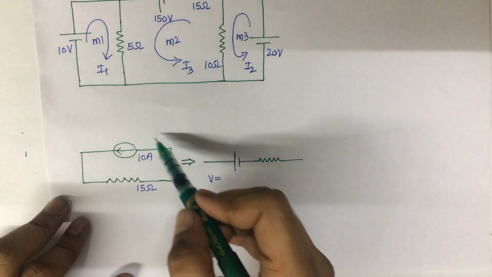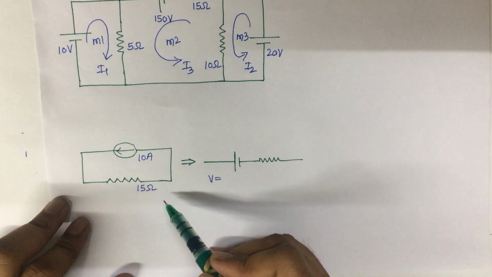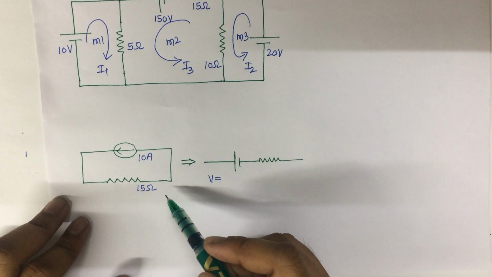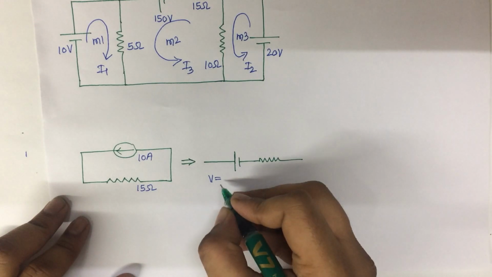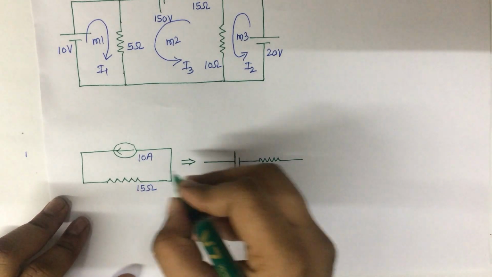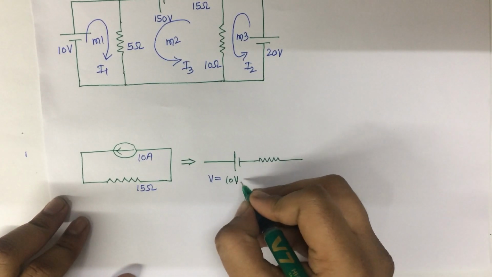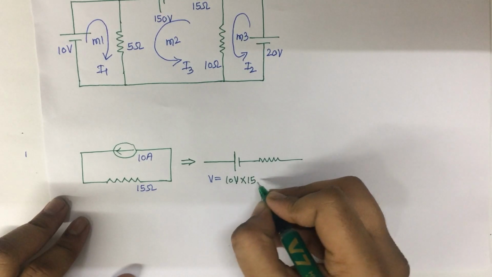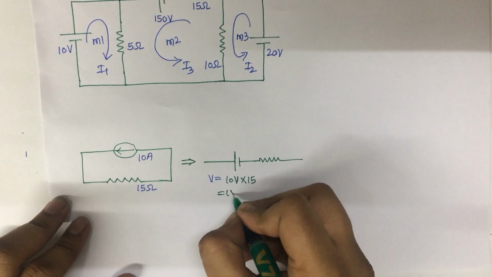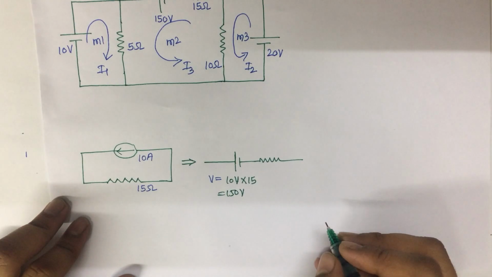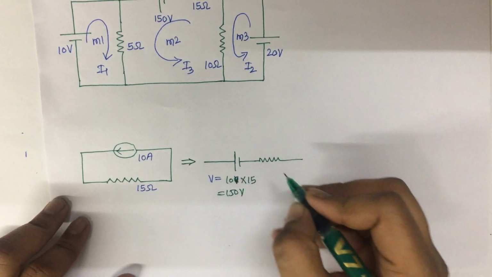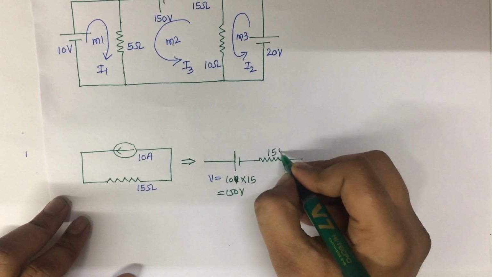We convert this combination by using source transformation. So V is equal to I into R. I is 10 ampere and 15 ohm resistance, so it would be 150 volt. So resistance is 15 ohm.